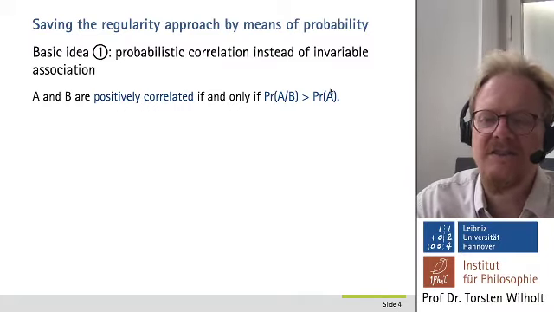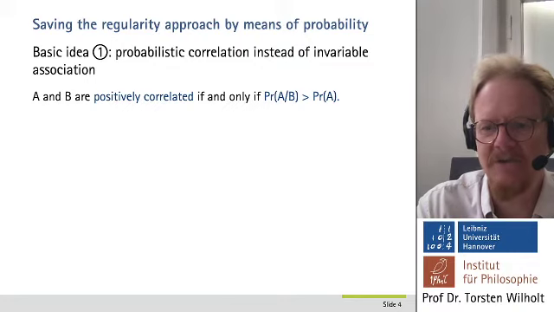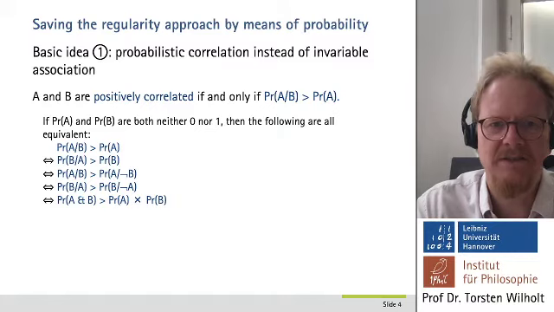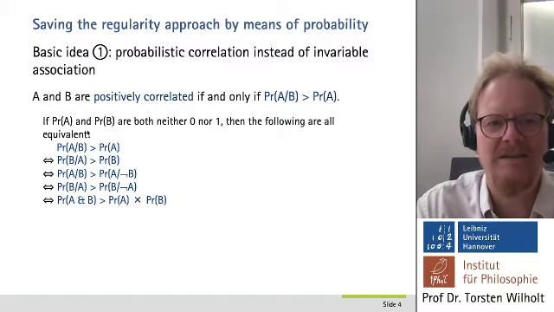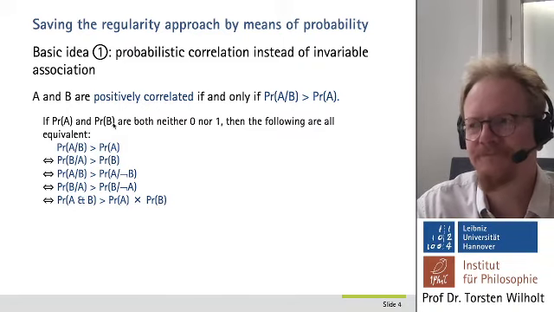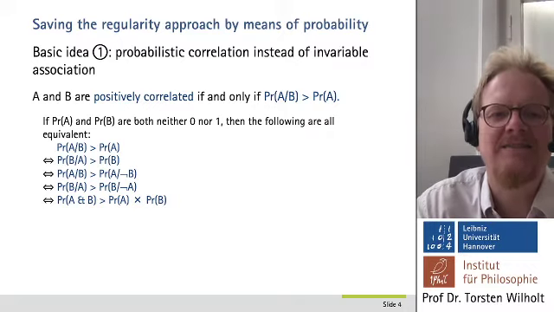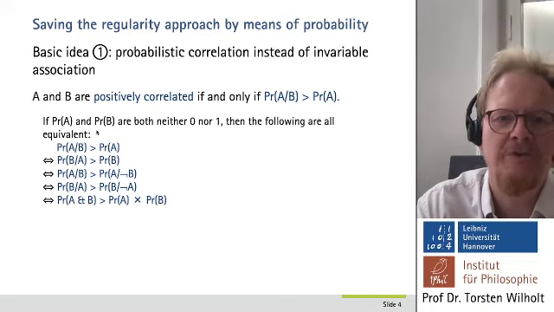This expression here is just one of many possible ways to express positive correlation between A and B, and all these ways of expressing positive correlation are equivalent, more or less. They are clearly equivalent when neither the probability of A nor the probability of B is 0 or 1. They are equivalent, except that some of them are just not well defined for one or two of these cases.